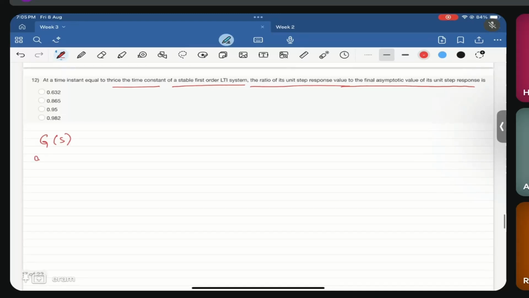Now, in general, how does a stable linear time invariant first order system look? You must have seen in the lecture that we can denote a first order system as 1 by (sT plus 1).